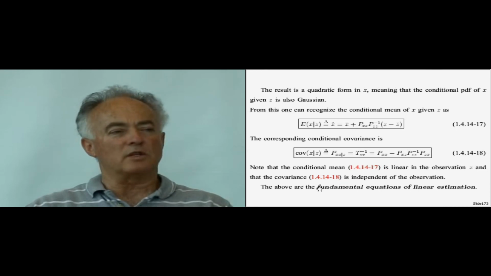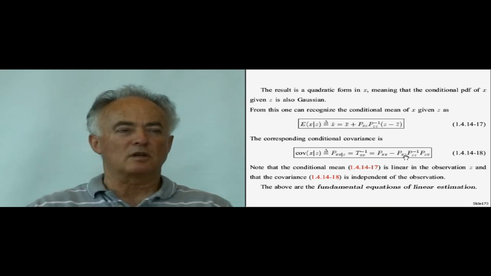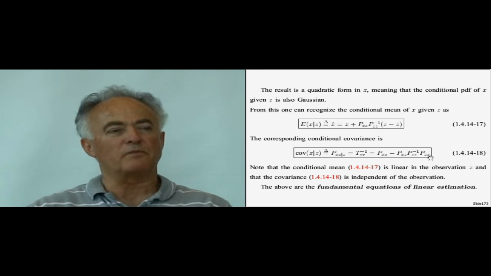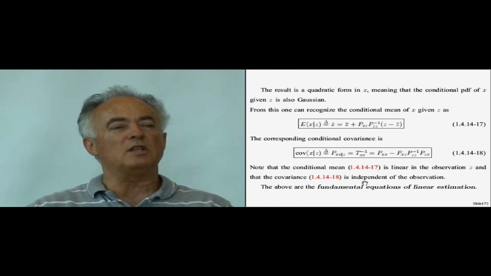And the covariance, which is in this second equation, conditional covariance is unconditional covariance minus, this is the covariance between x and z, pzz inverse, then pzx. You can see that it's a nice symmetric form, the way it should be. Furthermore, it is independent of the observation.